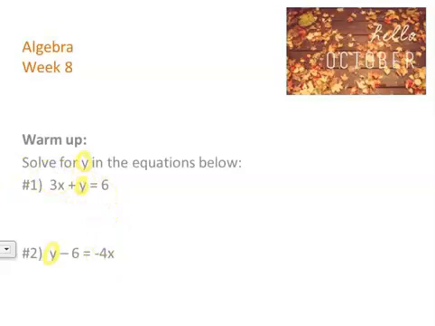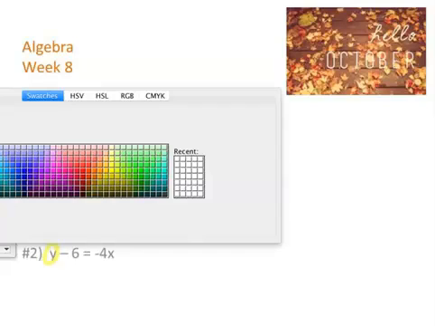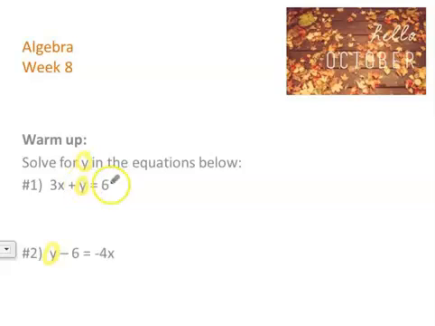All right, so we are solving for y in each of these equations. And again, these are linear equations. To solve for y in the first one, we need to move this 3x over to the right side. To do that, we subtract 3x from both sides. And we are left with y on the left side.